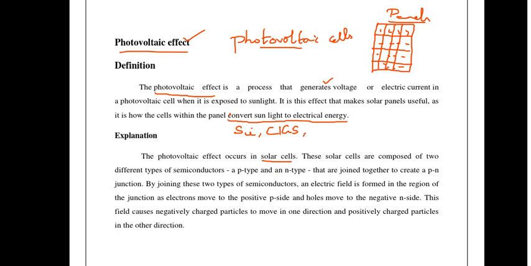Then inorganic solar cells, organic solar cells. Then recently there is DSSC, dye-sensitized solar cells. So different types of solar cells are made up of different materials. Plenty of research is still going on to improve the efficiency of the solar cell.